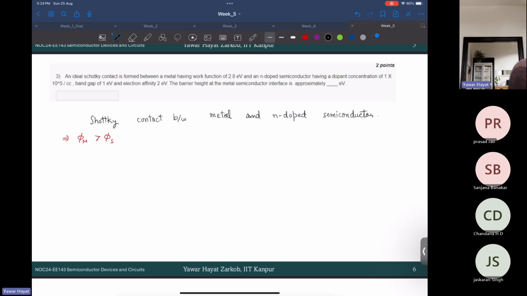Let me make the band diagram now. Let this be the interface and this be the Fermi level.